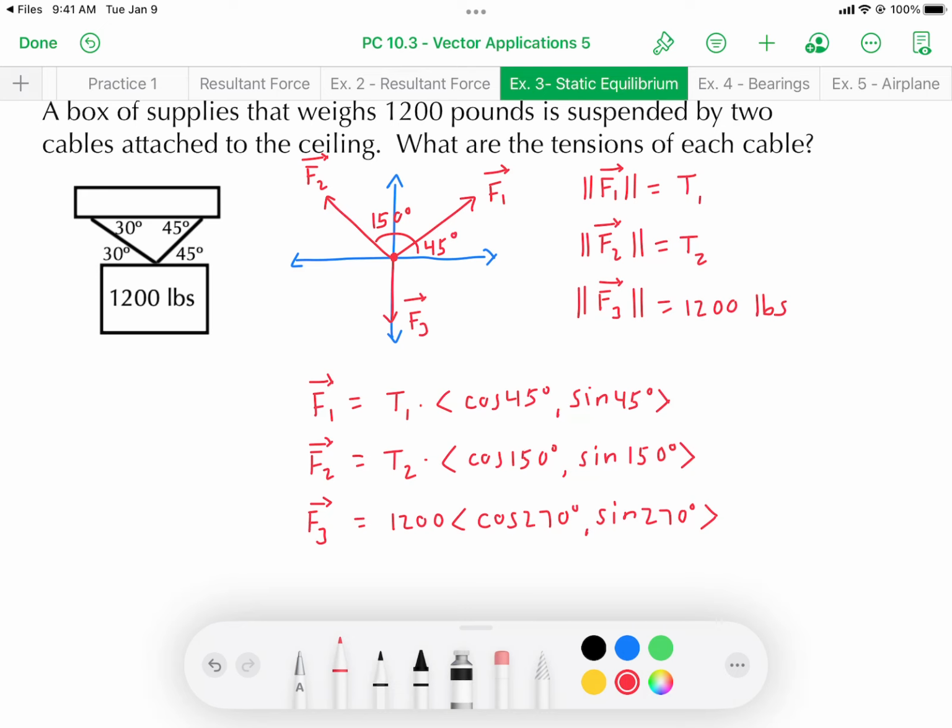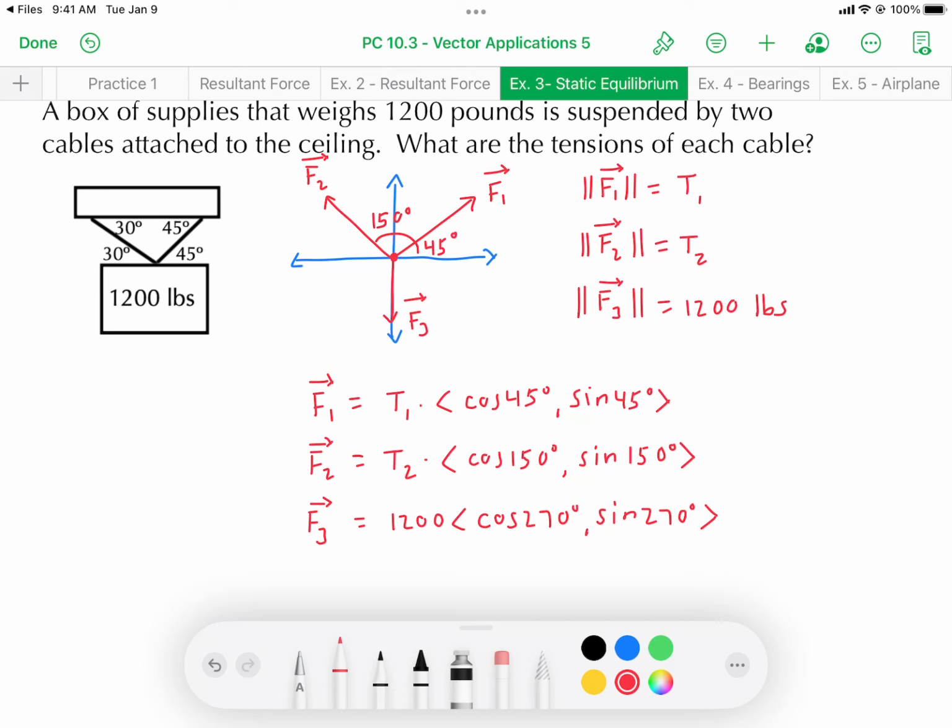All right, now, all three of those angles are pretty friendly to work with, right? But typically, the angles for the first two vectors will not be friendly. So I'm going to leave these in terms of cosine and sine, because that's typically how we're going to have to, rather than simplifying these.